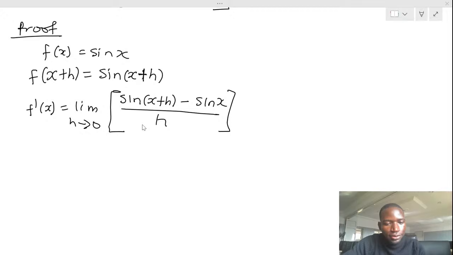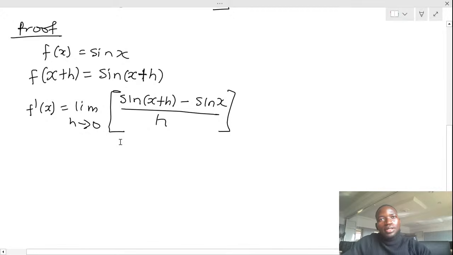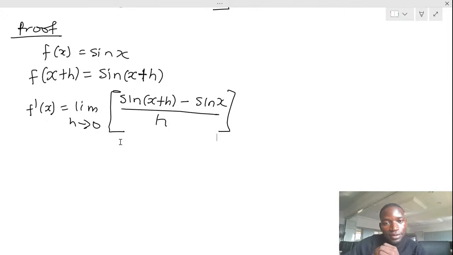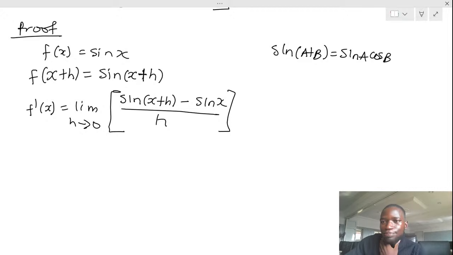Okay, so now if you have done trigonometry before, that's one of the topics you need to understand well if you'll be dealing with trigonometric differentiation here. You will remember that the addition rule says that sine of a plus b is going to give you sine a cos b plus cos a sine b.